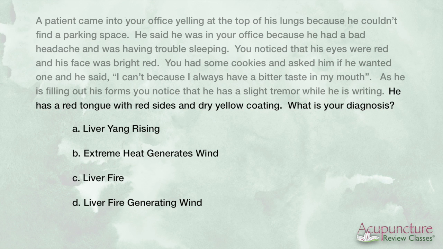Liver yang rising has a red tongue, probably no coating, but it sometimes doesn't say. So I'm throwing out answer A. All right. Now, I really don't believe it's going to be a dry yellow coating with extreme heat, but just for your benefit, let's keep those 3 in there.